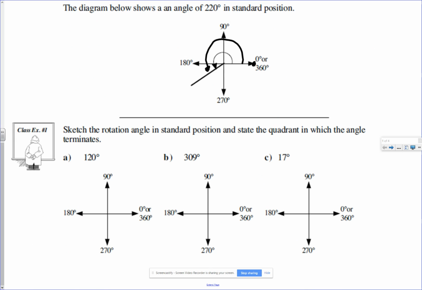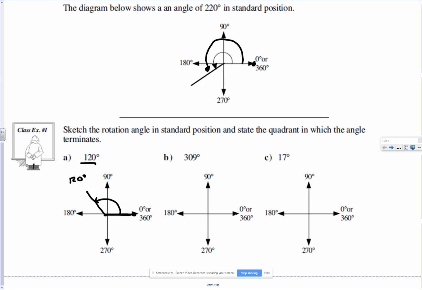Right now they just want me to draw the angle for each of these. So they said 120 degrees. If this is my start line, then going 120 degrees is going to open up in my quadrant 2, because quadrant 2 goes from a minimum of 90 to a maximum of 180.